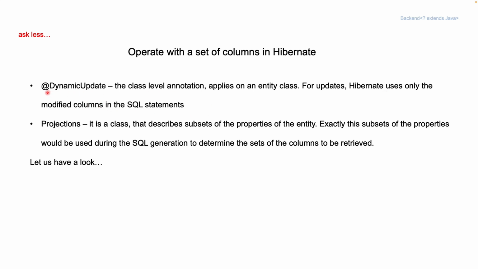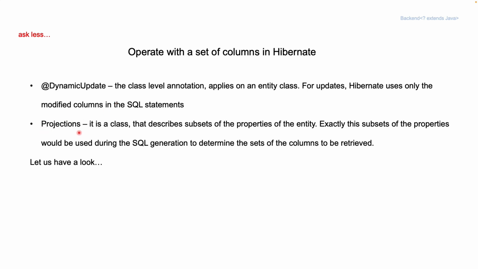But please pay attention that it works only when we use a stateful session. Because when we use a stateless session, Hibernate doesn't know which columns were modified, because there is no first level cache and no dirty check mechanism and so on.